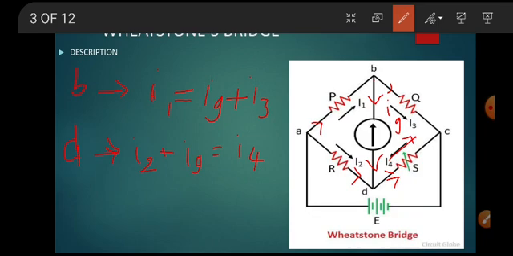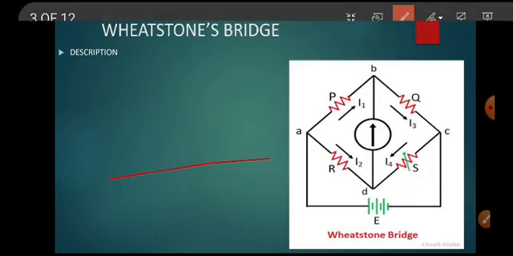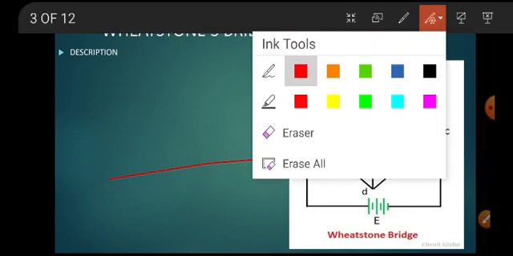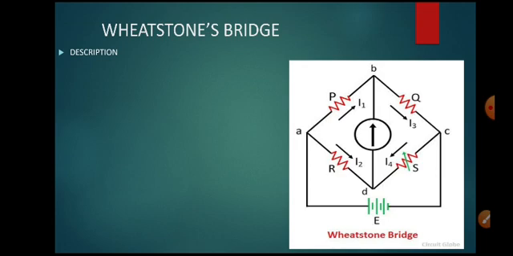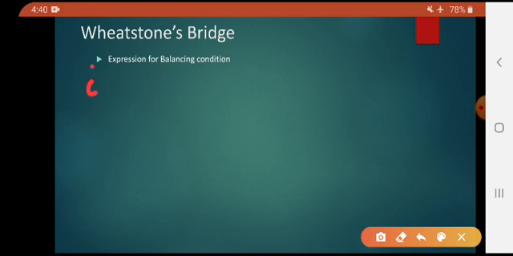Right? So by adjusting, if the bridge is balanced, means the galvanometer current is 0, Ig is 0, so Ig equals 0.